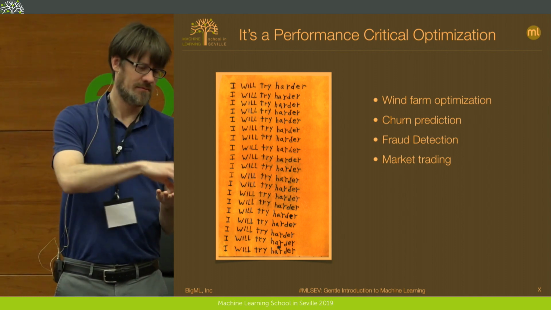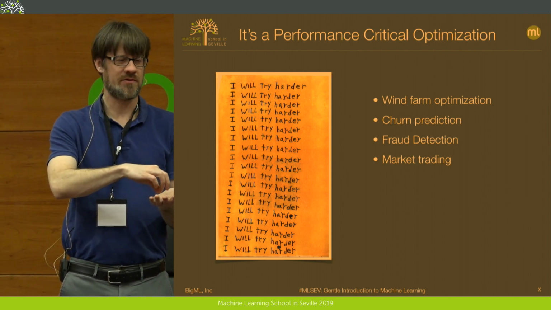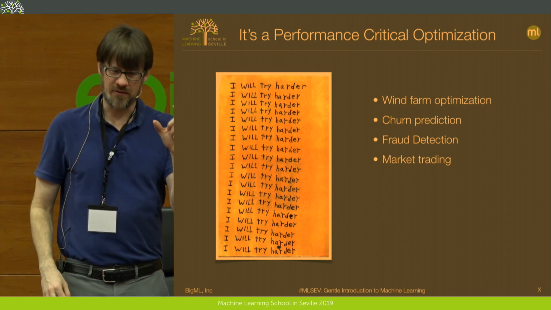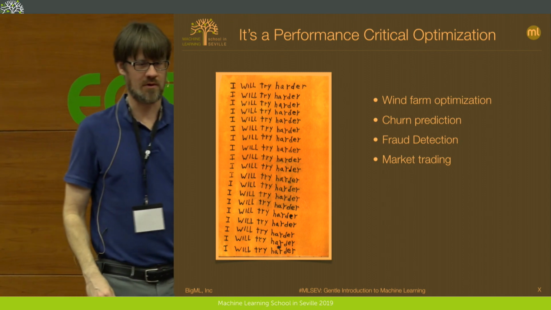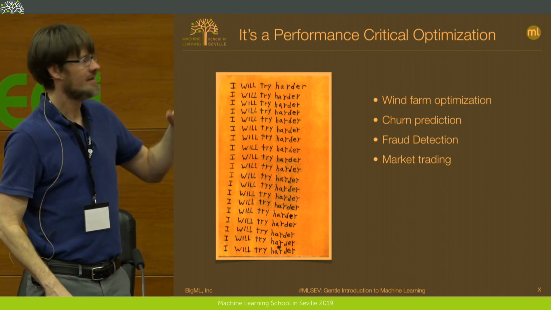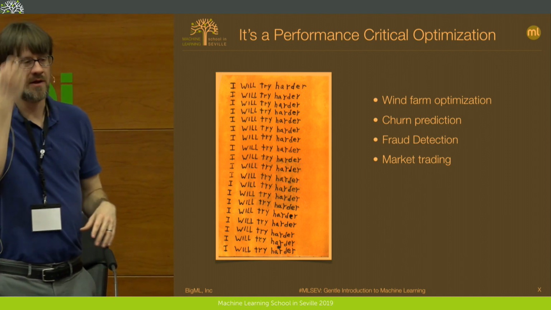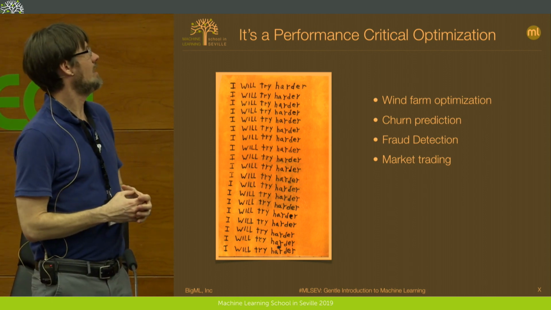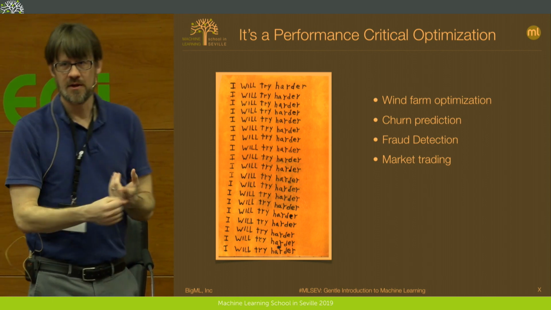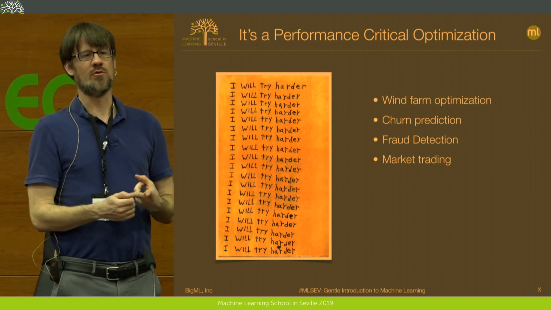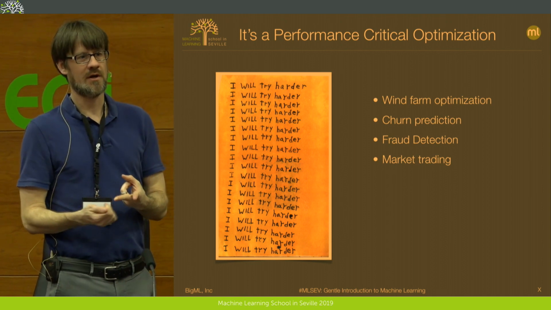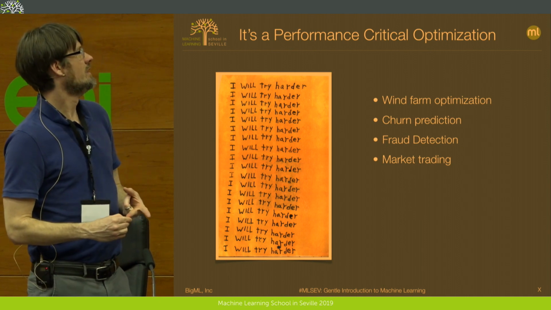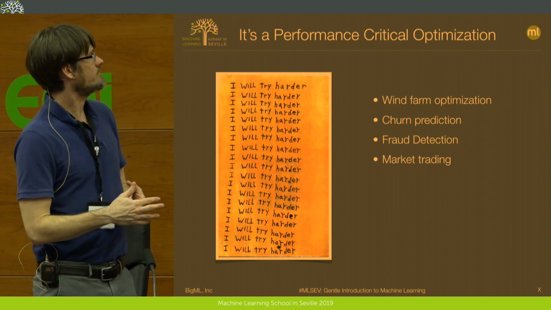But when nominal increases in accuracy, like a 5% or 10% increase, mean millions or tens of millions of dollars to a company, that's a good place to employ machine learning, where nominal increases in accuracy result in big gains monetarily. So churn prediction, credit card fraud: if you can do even a little bit better in credit card fraud, you can maybe save tens, hundreds of millions of dollars in fraud.